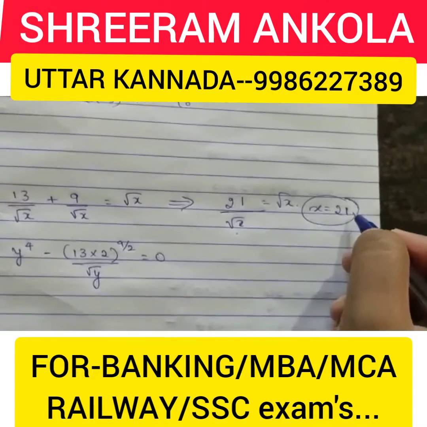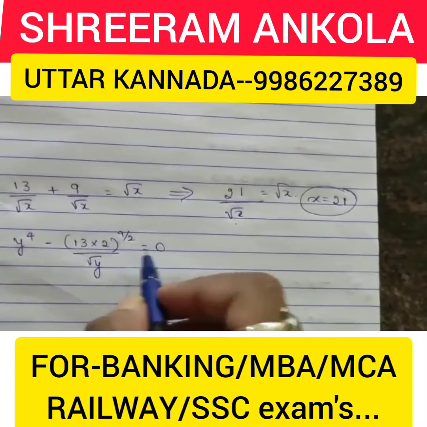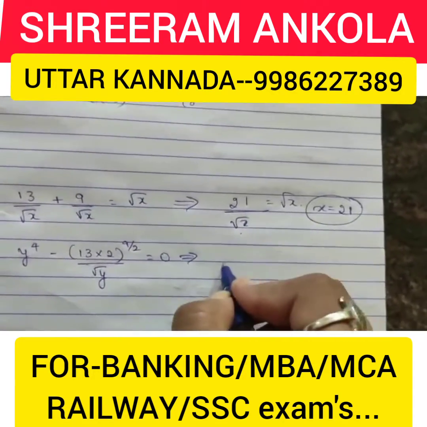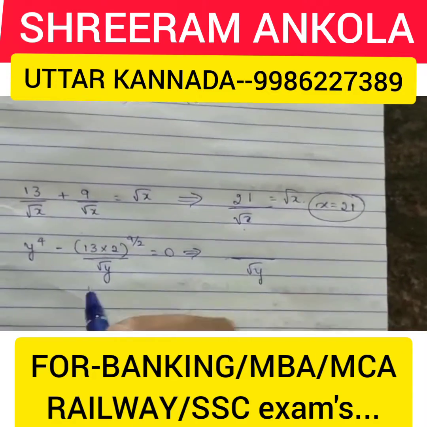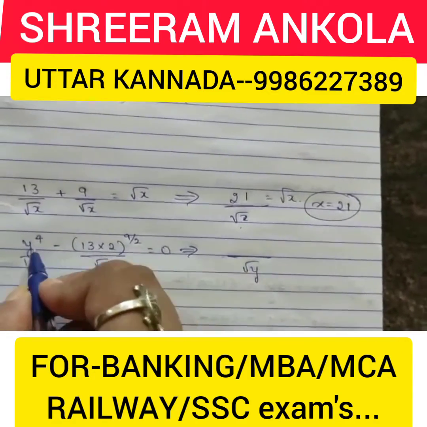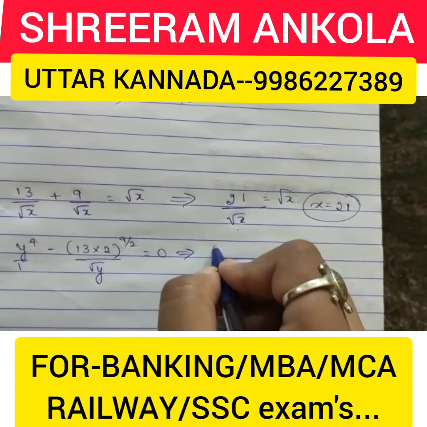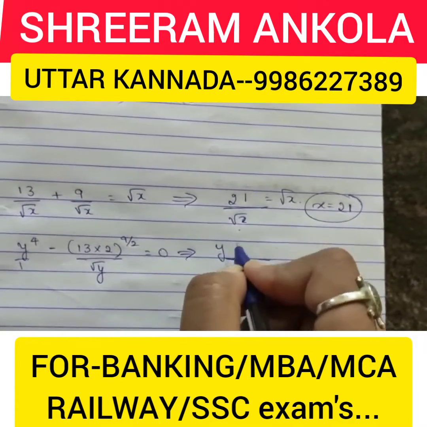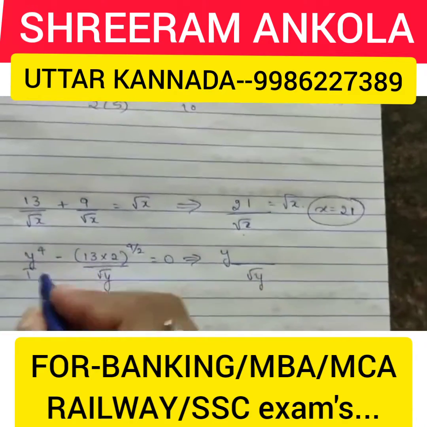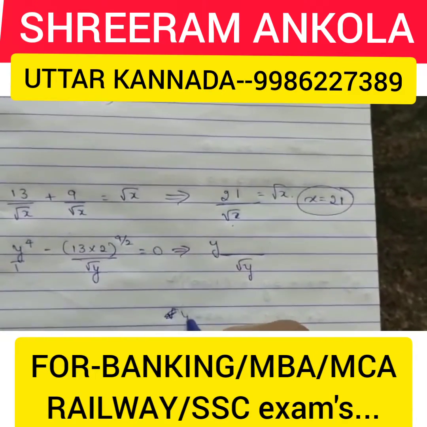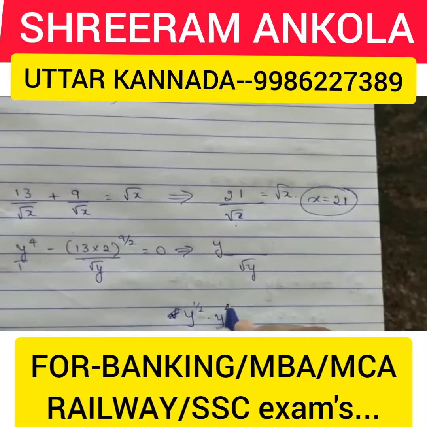When x is equal to 21, now coming to the y terms, root of y, here this is 1 into root y, that means y into y raised to 1 by 2 into y raised to 4.